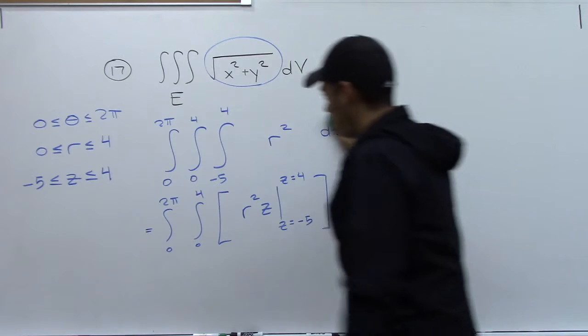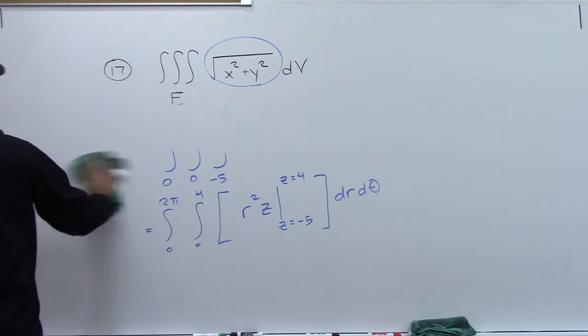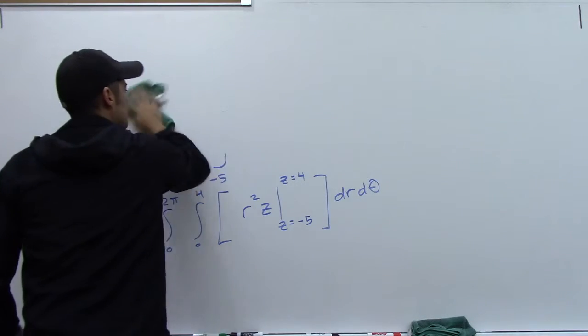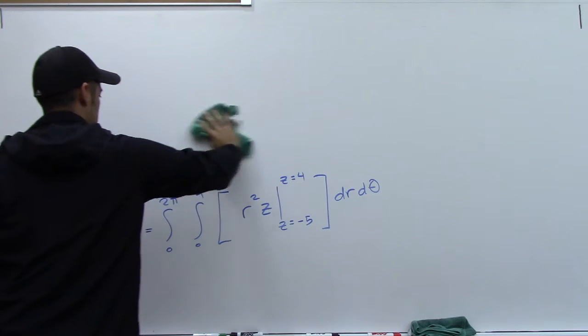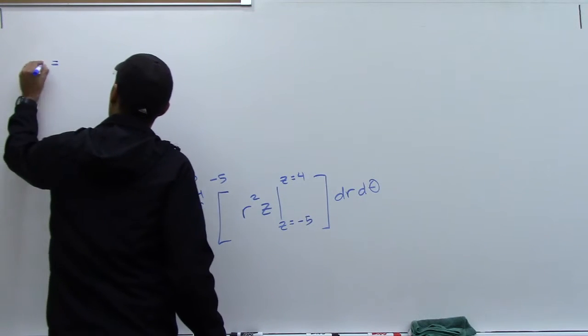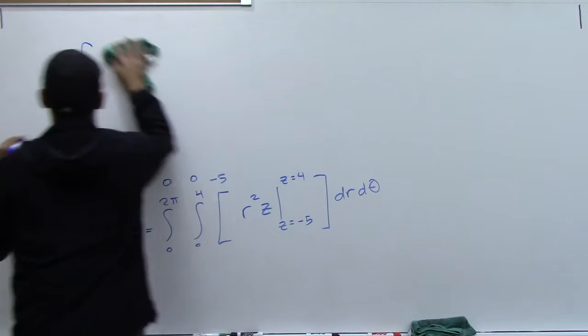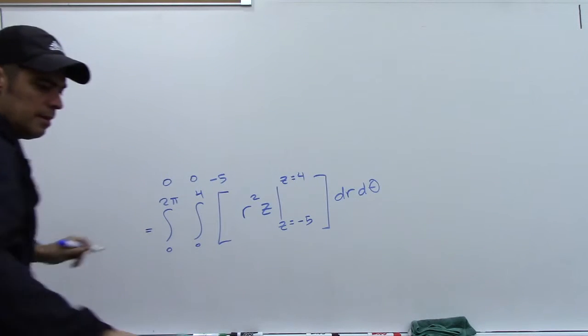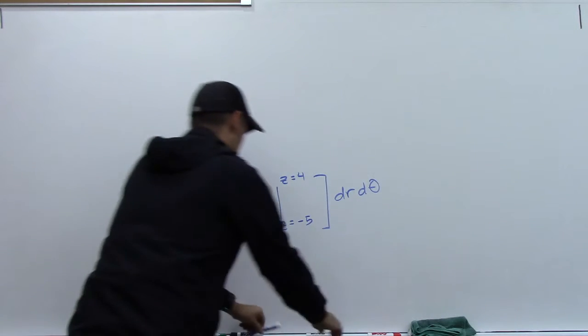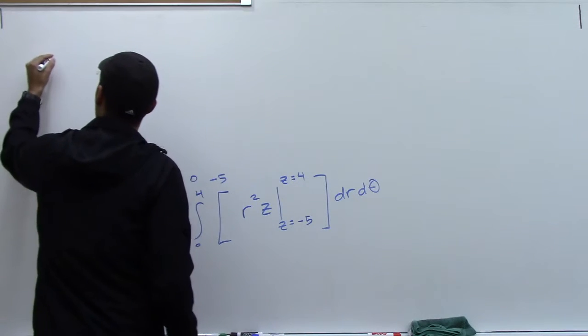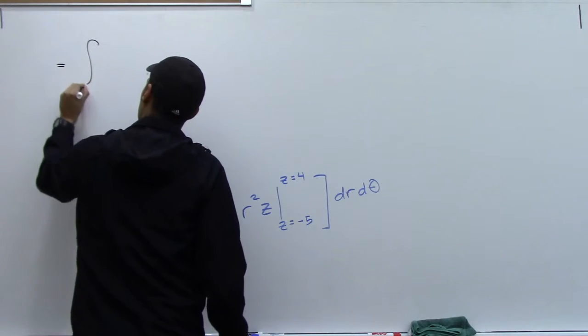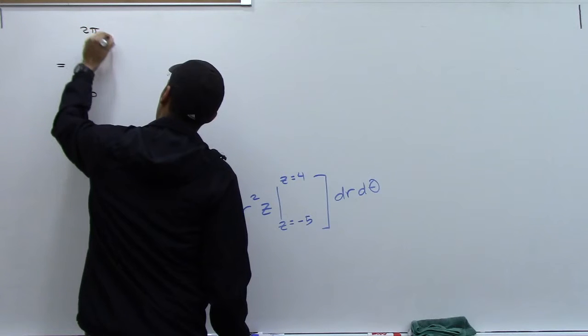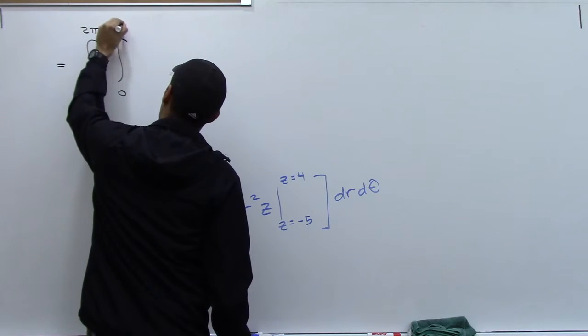So, let me give myself some room here. So we have that equals the integral from 0 to 2 pi, and the integral from 0 to 4.